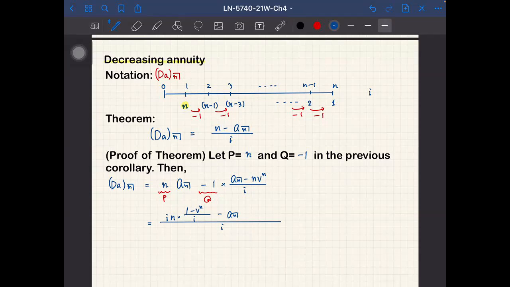We have the negative sign here and the negative sign here, so in total, plus n times v to the power n.